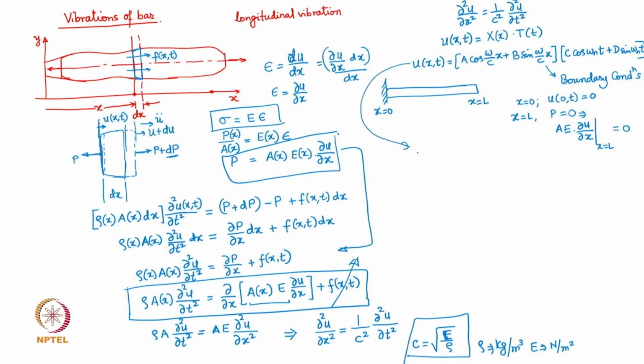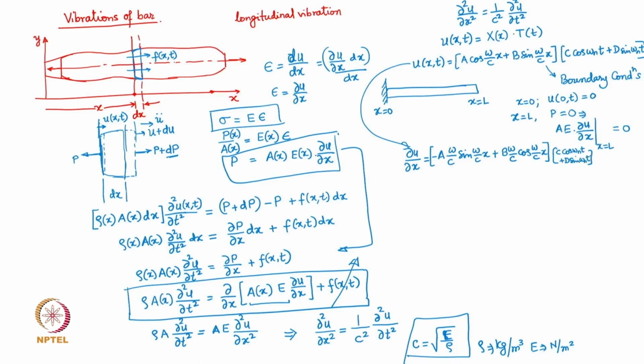So I use this equation to get the expression for dou u by dou x, which is going to be minus A omega by c sin(omega/c x) plus b omega by c cos(omega/c x), times the harmonic time function, which is C cos(omega_n t) plus D sin(omega_n t).